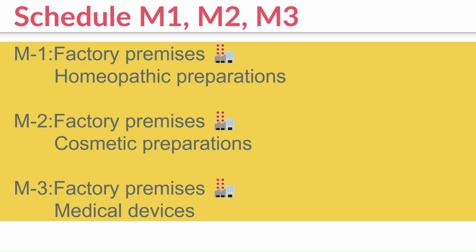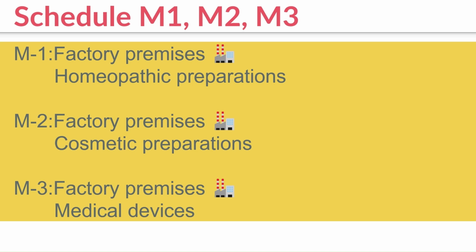Now M2. M2 is for cosmetic preparations. You see the letter C. C is for cosmetic, and cosmetic preparations are dealt with in M2. When you invert C in the opposite direction, it looks like the number 2.